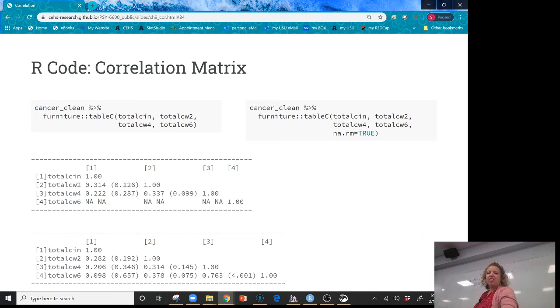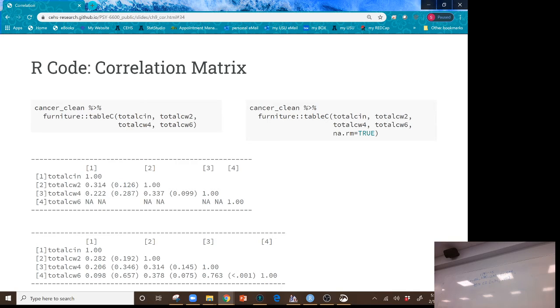Okay, so here's the correlation table using more than 2 variables. So again, in both of those, we start with the name of the data set, furniture table C. The C stands for correlation, and then you list all your variable names with commas. So this is looking at the oral condition at baseline, 2 weeks, 4 weeks, 6 weeks.